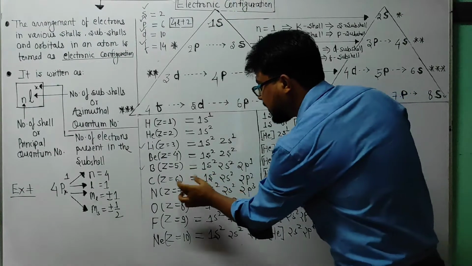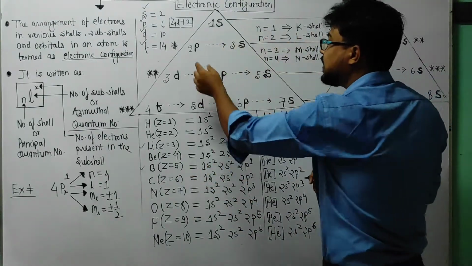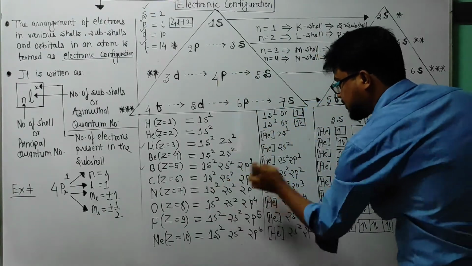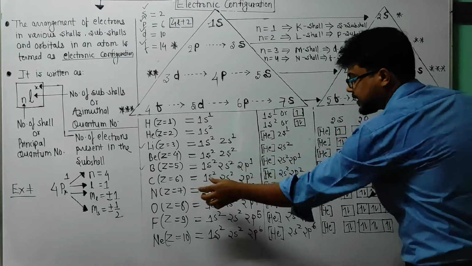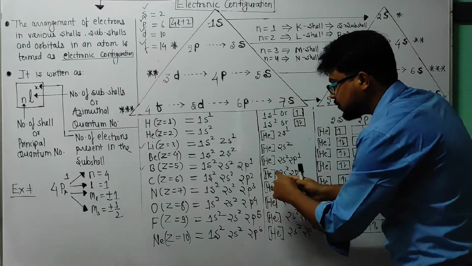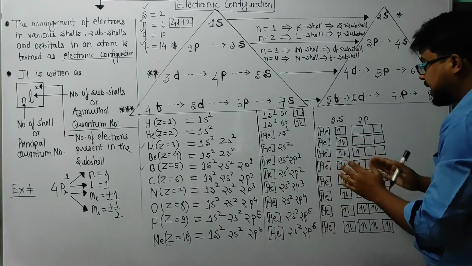For carbon, because I have 6 electrons, it is 1s2, 2s2, and the next 2 electrons will enter the 2p shell, meaning 1s2, 2s2, 2p2, or in place of 1s2 we can write helium, so helium 2s2 2p2.